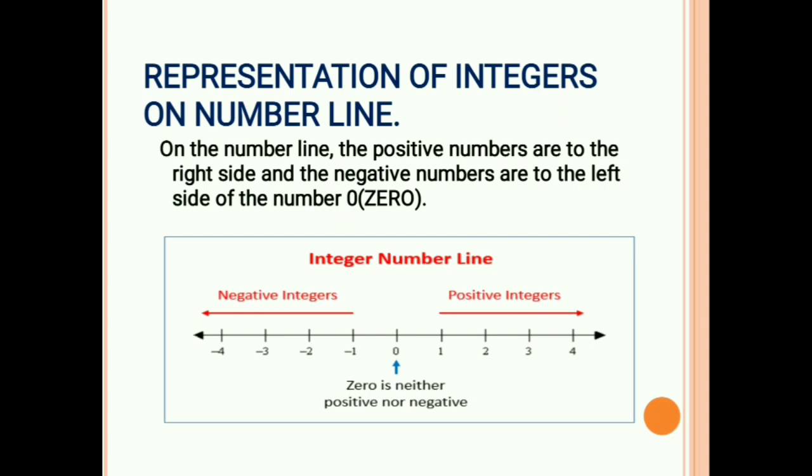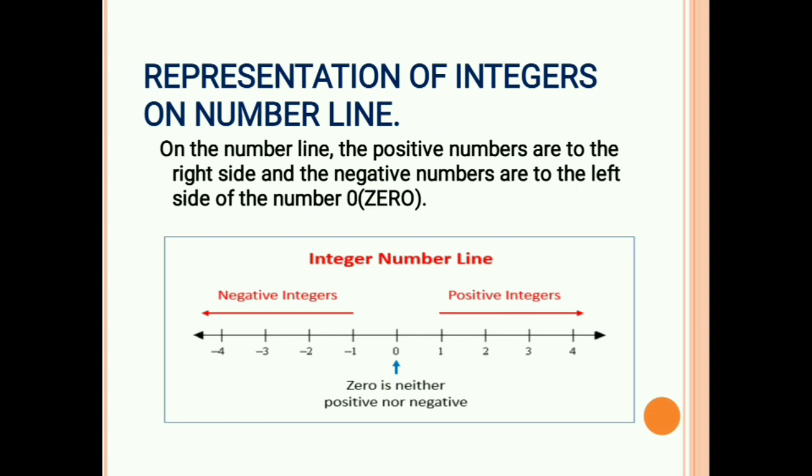As I told you, 0 is neither a positive nor a negative number. Correct? So now children, here you can see that as you move towards the right side, the value of the number increases, and as you move towards the left side, the value of the number decreases.